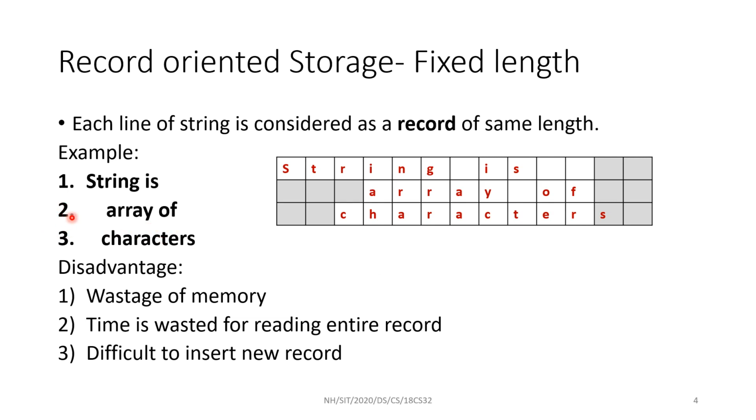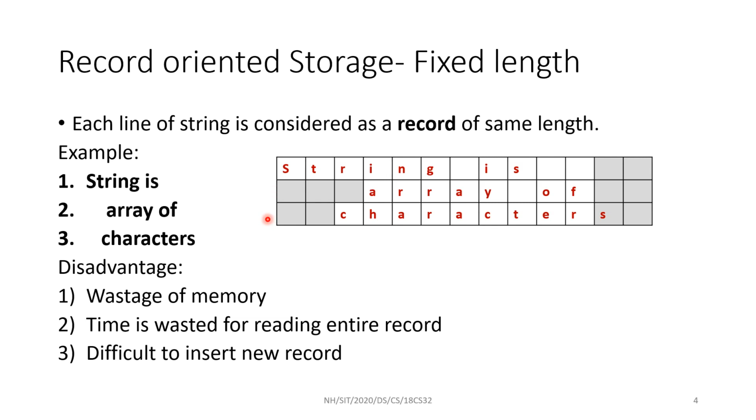Whether insertion is easy for me, it is not so easy. To insert, it is very difficult because we have to create a new record, then we have to shift all the records downwards or upwards to make room for the new record. Then I have to insert, which is very costly. Suppose to insert a record in the beginning place, I have to shift all the records.